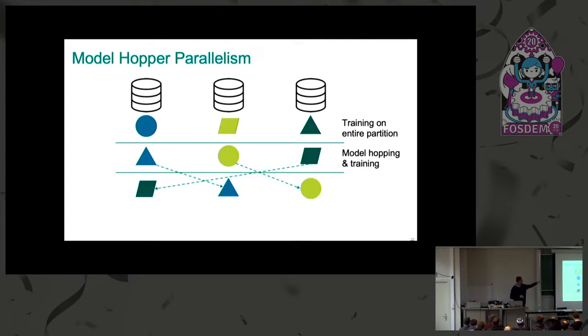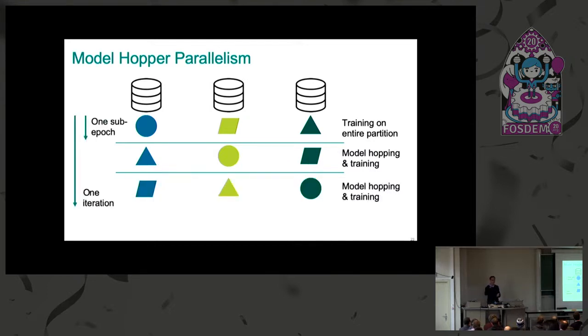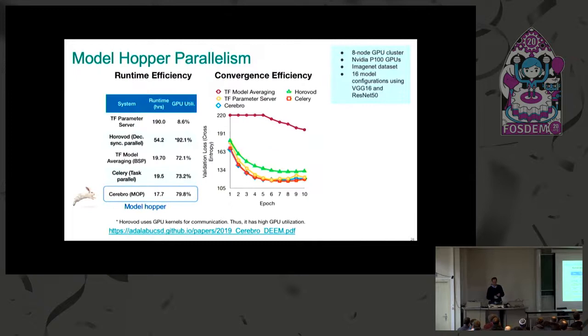So the model that was in the middle, the green one, has now moved to the far right side of the screen, and you train there. And once you've done that over all of the workers, then you've actually completed one iteration of your data. So what we're doing is locking the data in place, no data motion, but moving model state, which is much smaller.